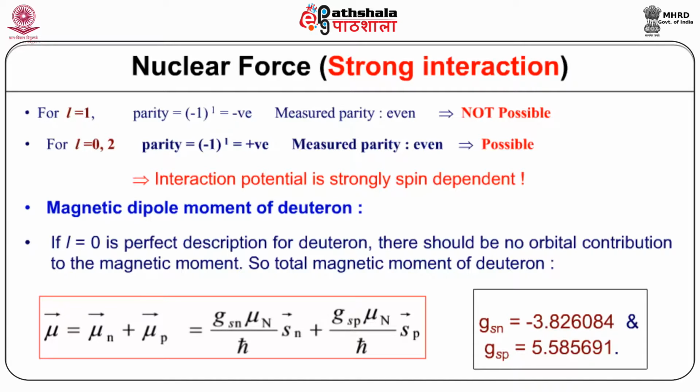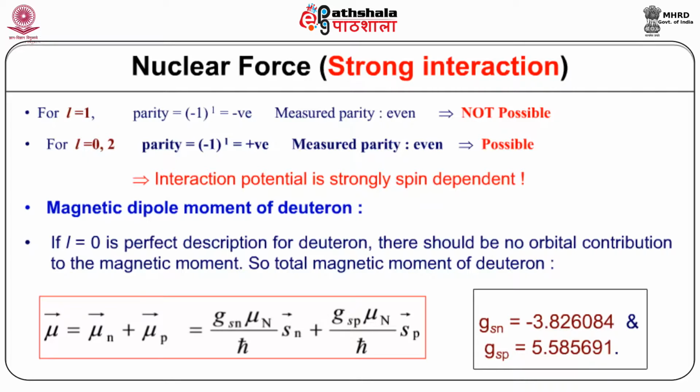In that case, the total magnetic moment of the deuteron mu is equal to mu n plus mu p, that is equal to g_sn mu_N upon h bar Sn plus g_sp mu_N upon h bar Sp. The net magnetic moment of the deuteron will be equal to the sum of the spin components of neutron and proton only.